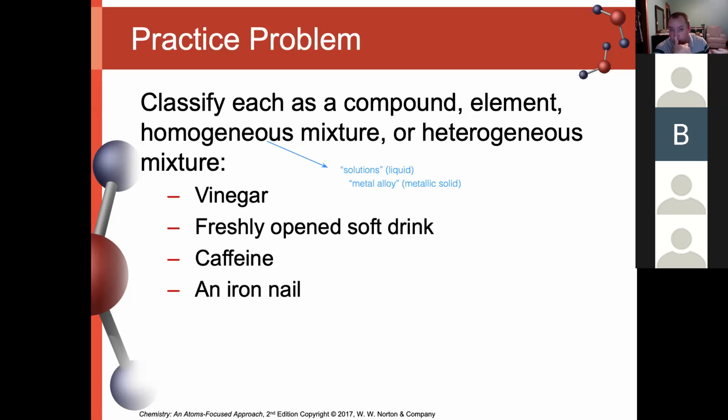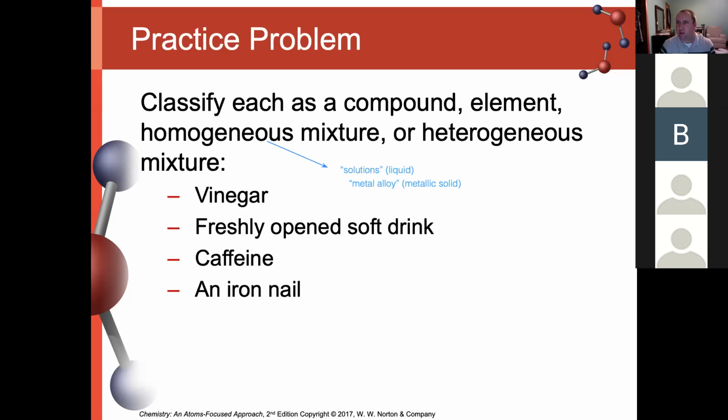And they are homogeneous mixtures, but they're solid phase mixtures. They're usually put together by the melting down of the metals to get them to meld together. But they look completely uniform. So I just wanted to mention that because that usually is a point of confusion.